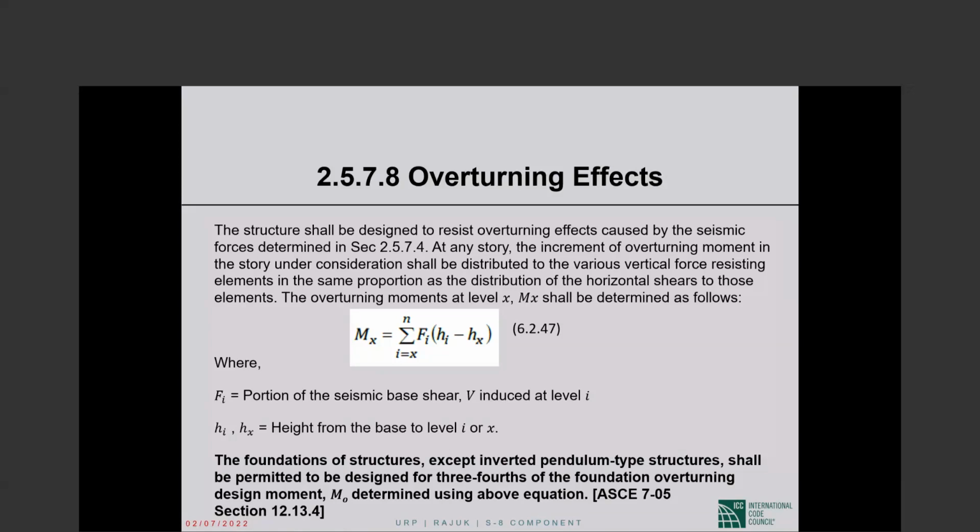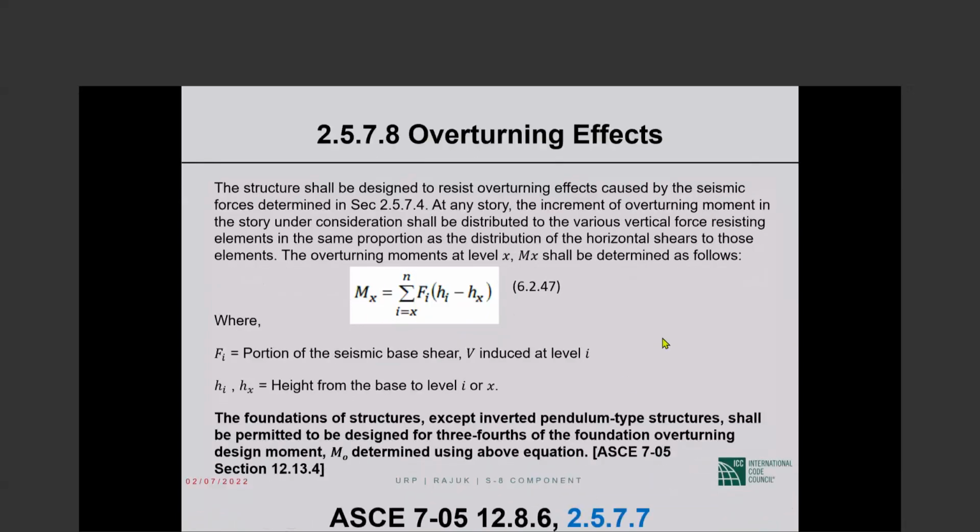So this is a fairly significant break that you get. Foundation design does not have to be for the overturning moment at the base, at the soil foundation interface. You can take a 25% discount on that. And this is in ASCE 7-05 as well, section 12.13.4. This discount is for foundation design.